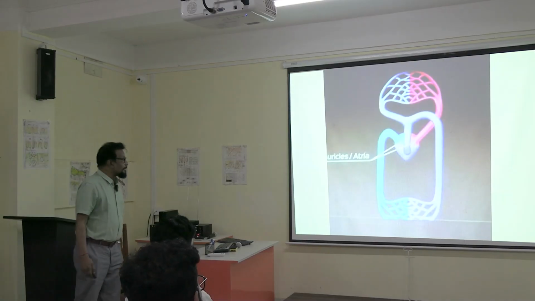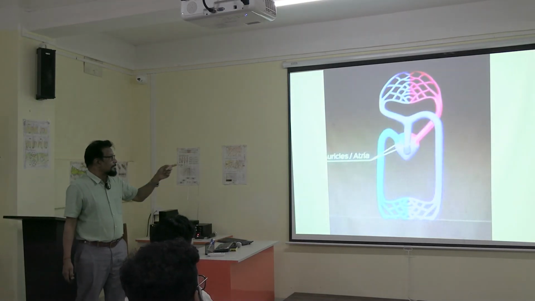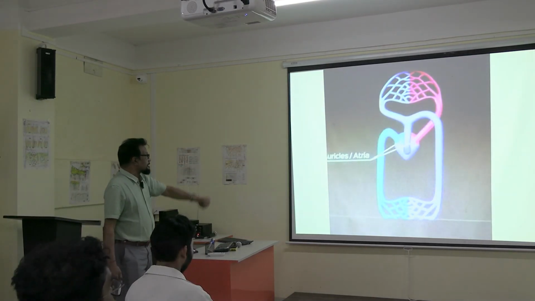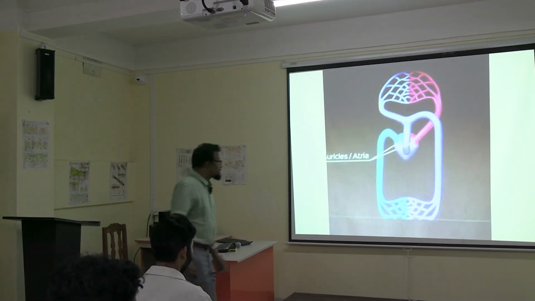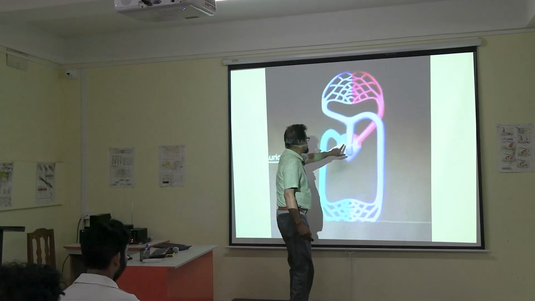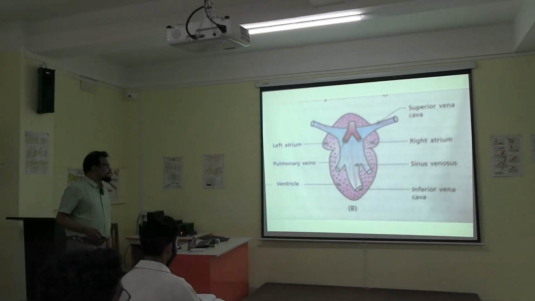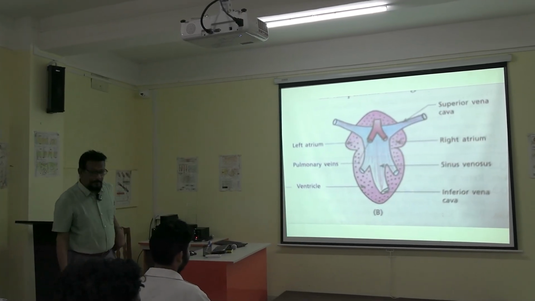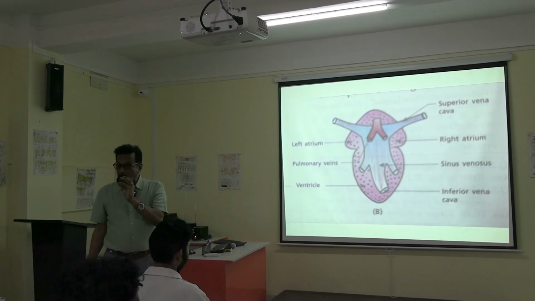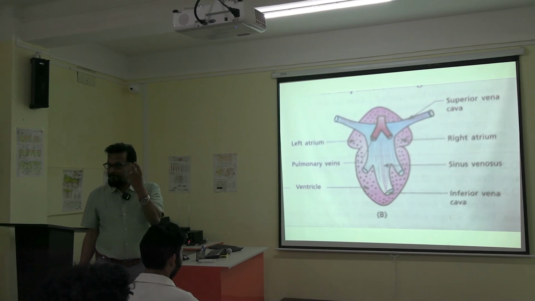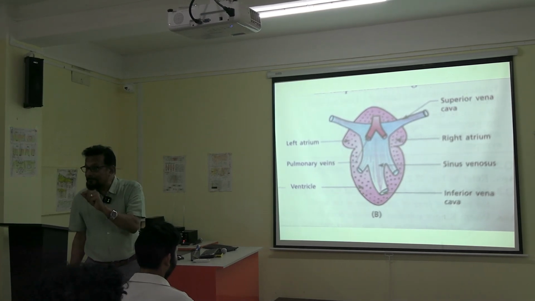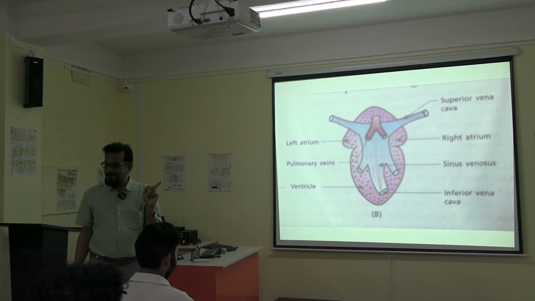This is amphibian heart circulation. So we can see there are 2 auricles and 1 ventricle. At the back there is the sinus venosus. Now we can see which one is sinus venosus, and the node that generates the cardiac impulse in the amphibian heart is located in the sinus venosus, not in the right atrium.